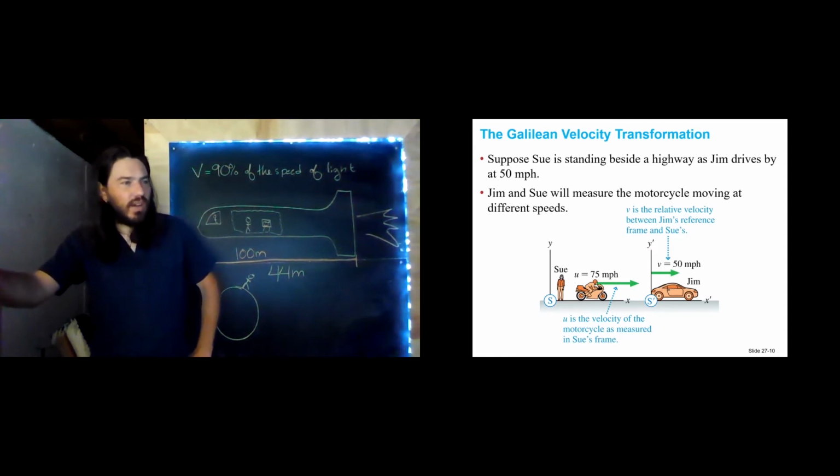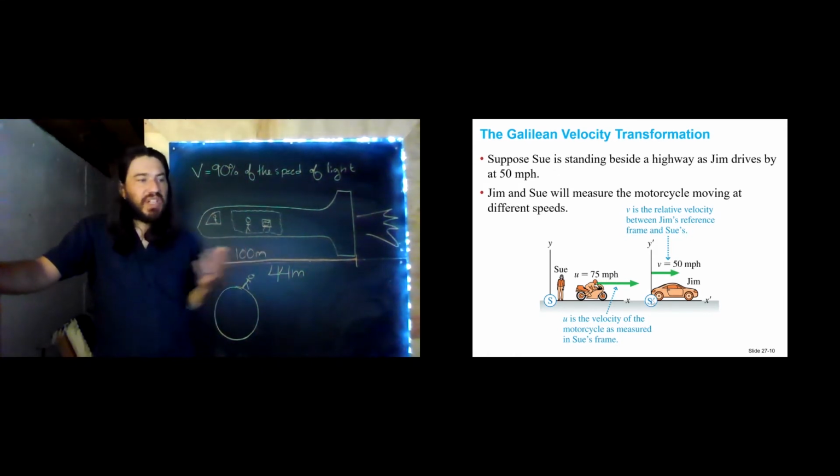We need to slow down, and spend a little bit of time talking about Galilean velocity transformations. In other words, how velocities look from a Newtonian perspective, because only then will we be able to appreciate how strange velocities look from an Einsteinian perspective.